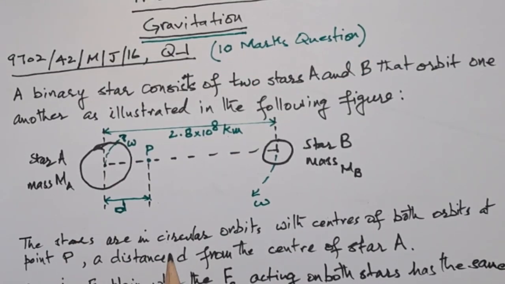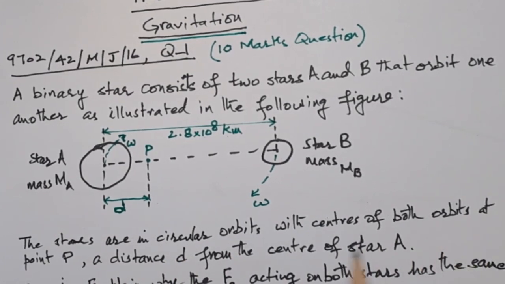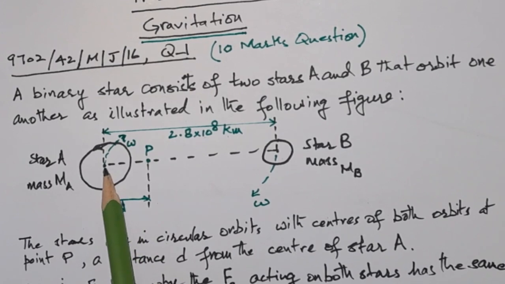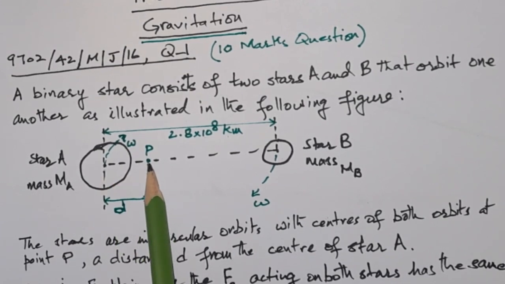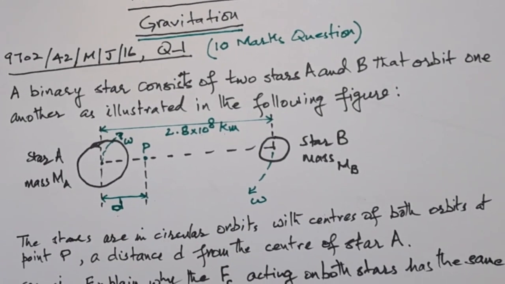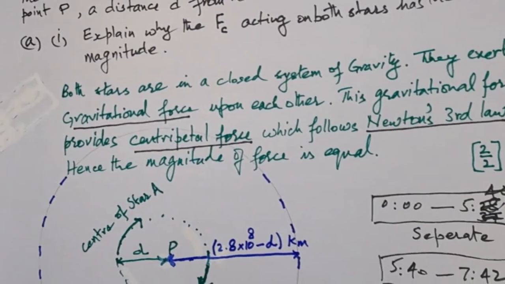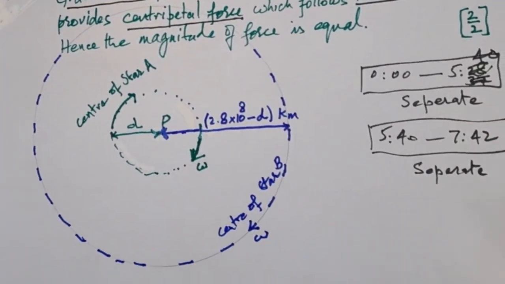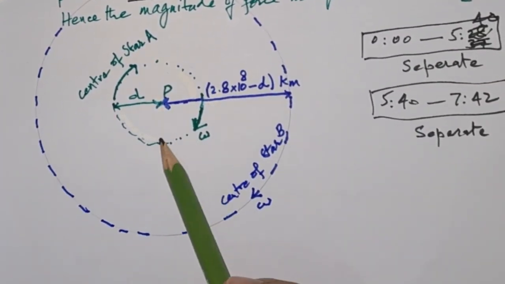The stars are in circular orbit with centers of both orbits at point P, a distance of d from the center of star A. That means from the center of star A, the center of their rotation is the distance d. I have depicted this information on this diagram.